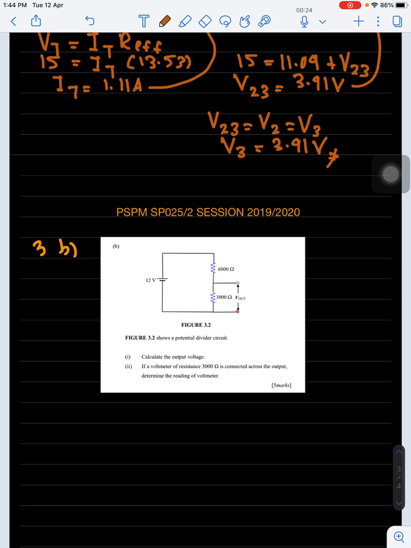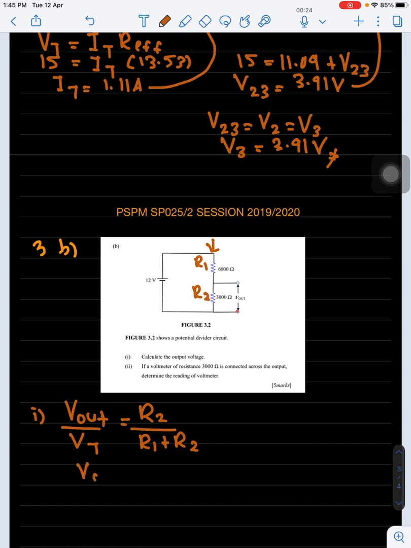Okay, so the first step, the formula for V output over V total equals, we label this one first, R1, R2. So output across R2 over R1 plus R2. Why R1 plus R2? Because this circuit is connected in series.